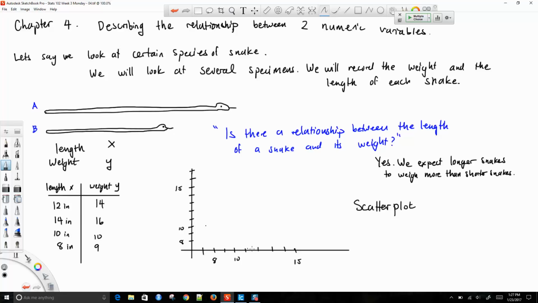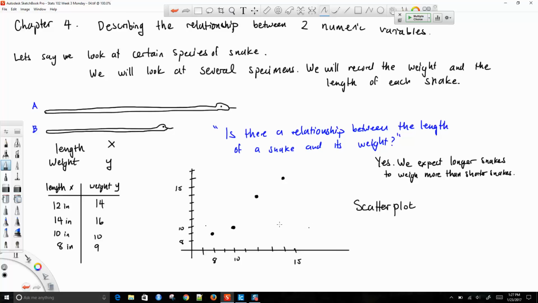So 12 inches and 14, we get a dot right there. 14 and 16 goes right there. 10 and 10, we get a dot right there, and then 8 and 9, a dot right there. So this is what our data looks like.